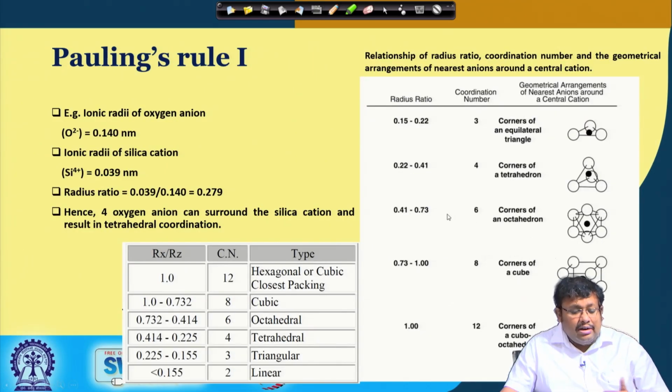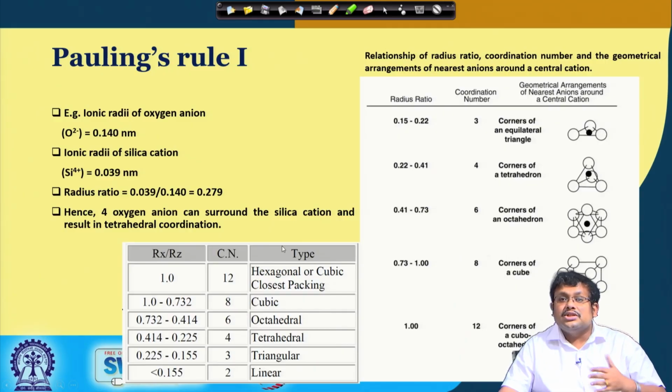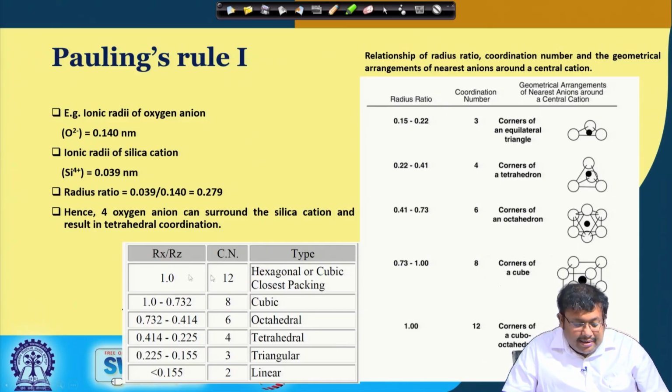So, based on Pauling's rule 1, there are certain limits and values of the radius ratio, and also the corresponding coordination number and type of coordination structure, given in this table.